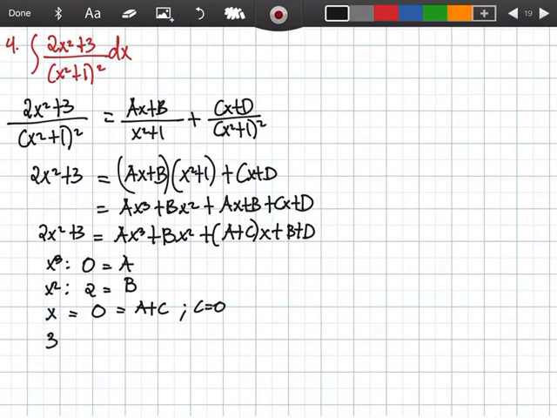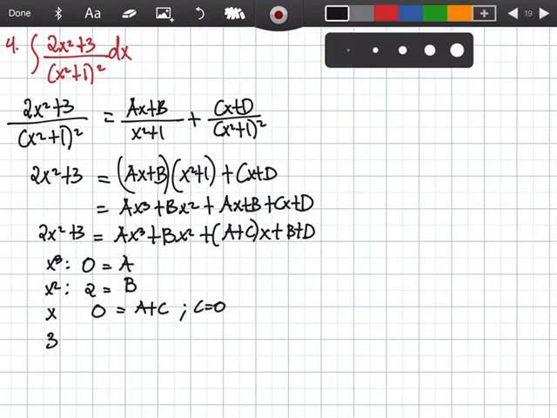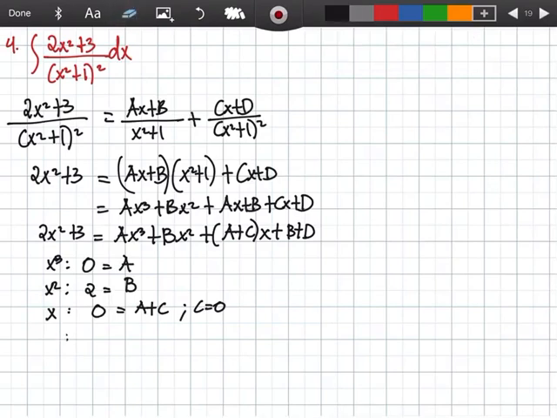And 3, this is, oh, I made a mistake. What 3? It should be the constant. So the constant 3 is equal to b plus d, where b is equal to 2, so d is equal to 1.